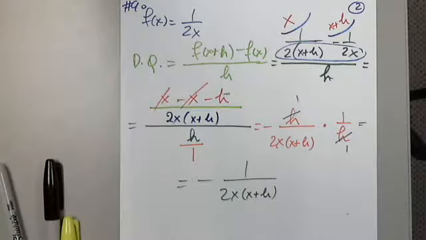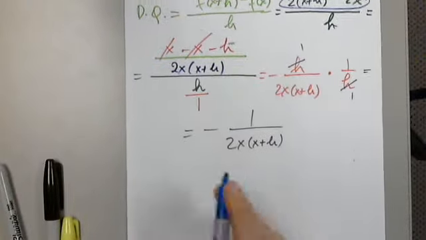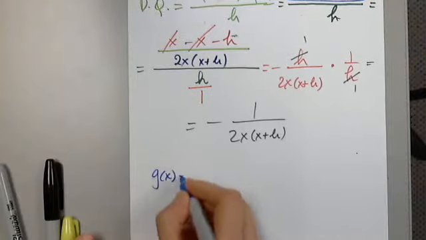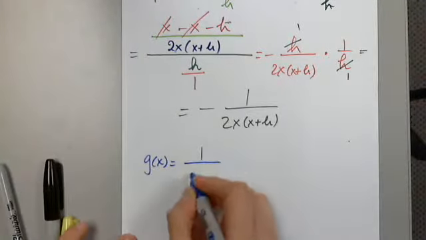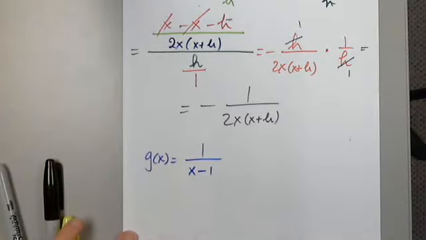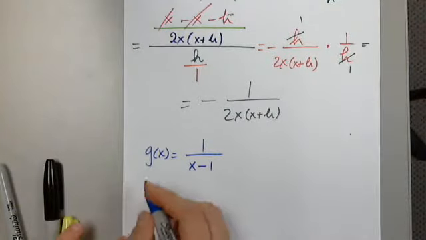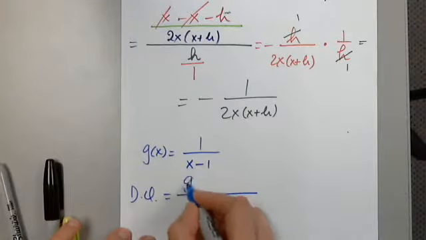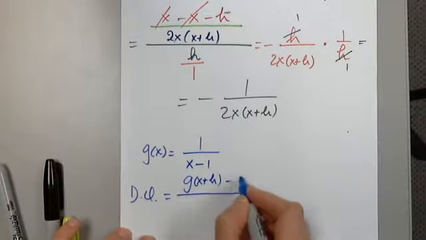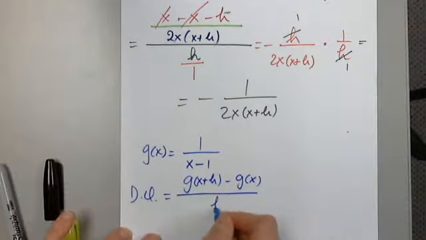Good. Do you think we need another? Yeah. What type of function? Okay. So let's say g of x this time equals 1 over x minus 1. So we have the difference quotient, and this time it is g of x plus h minus g of x divided by h.